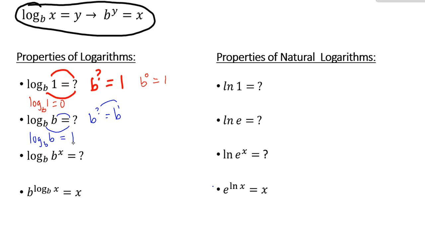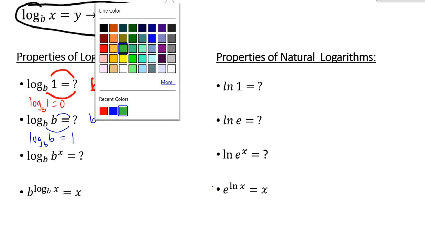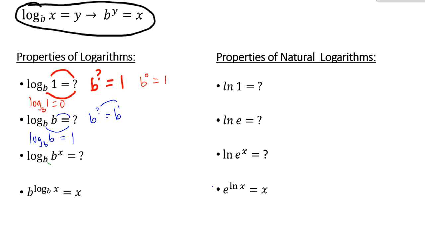Okay, the next one says, converting it, B to what equals b to the x? Well, that's silly. X, or the question mark, equals x.